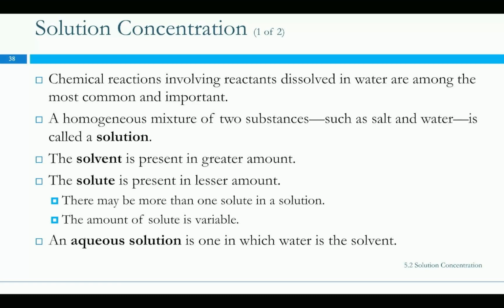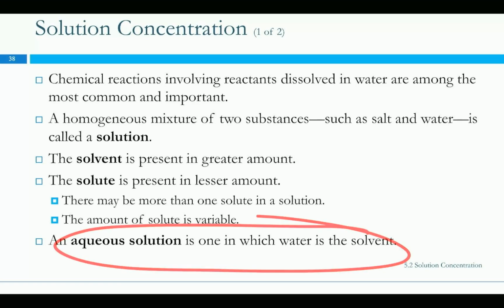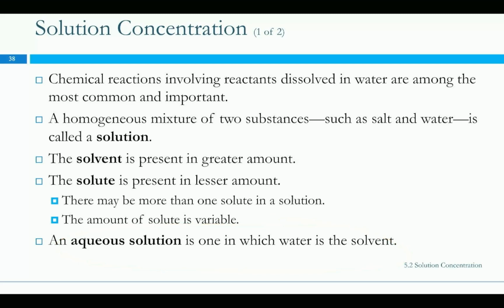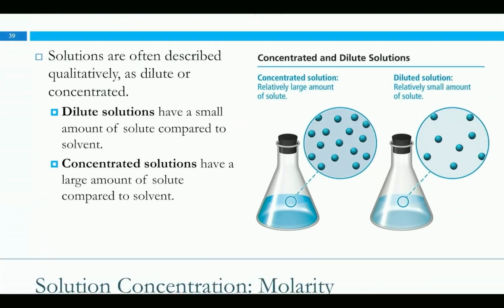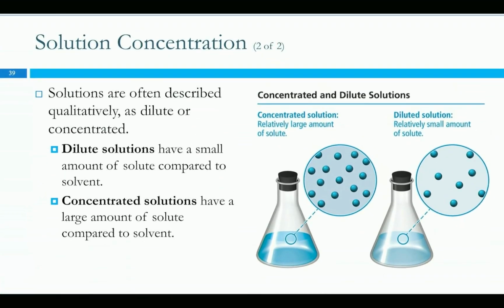An aqueous solution is one where water is the solvent, sometimes even when it's not the highest mass. In vague, broad terms, we can talk about dilute solutions and concentrated solutions. Something that's dilute means there's a lot of water and a relatively small amount of solute, so not very much dissolved in it.